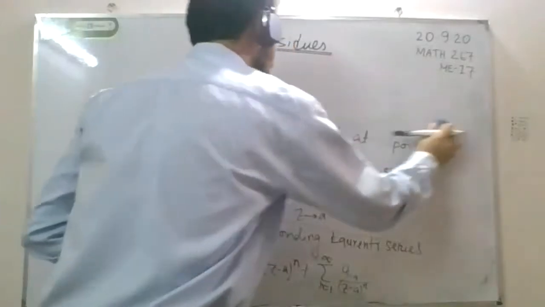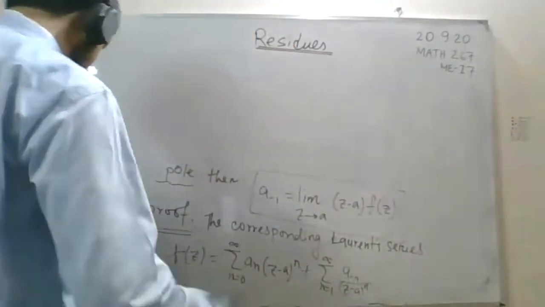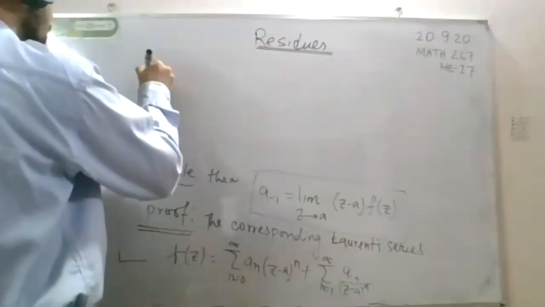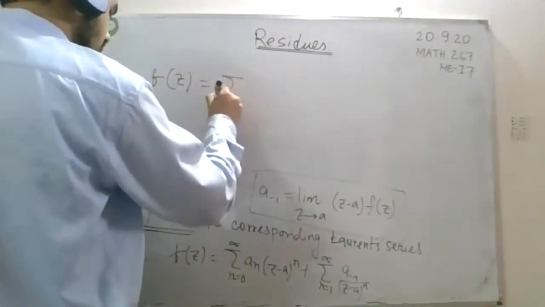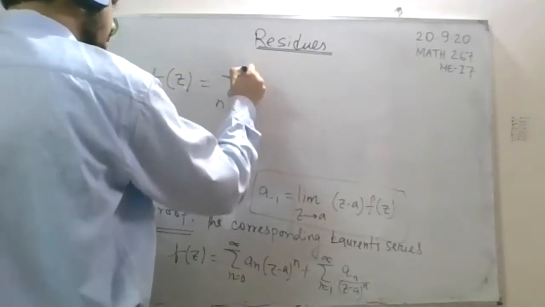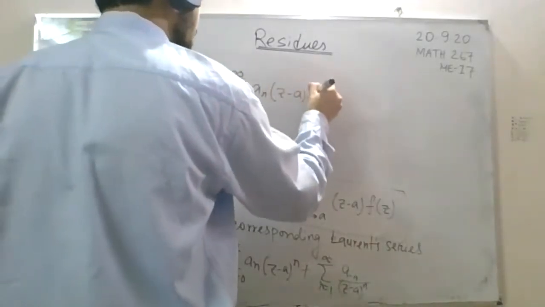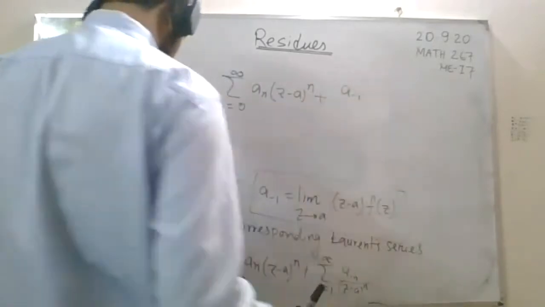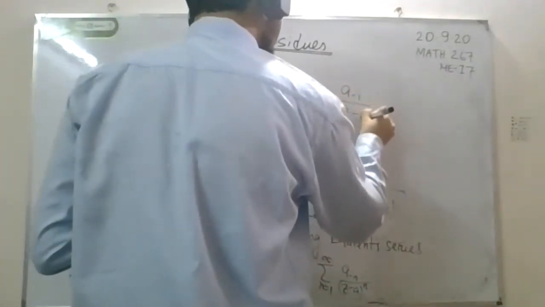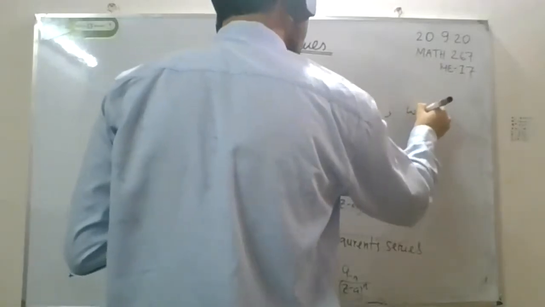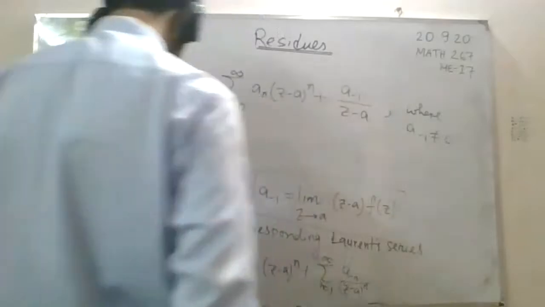Here you can write this equation, which is summation n equals 0 to infinity a n (z minus a) to the power n plus 1. If I take only 1, z minus a here not equal to 0.